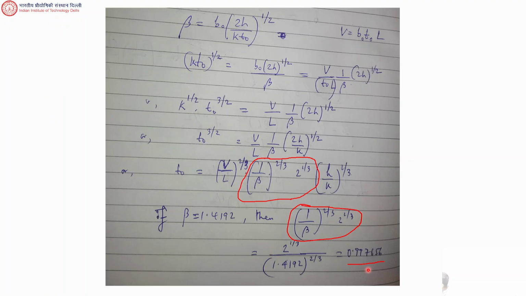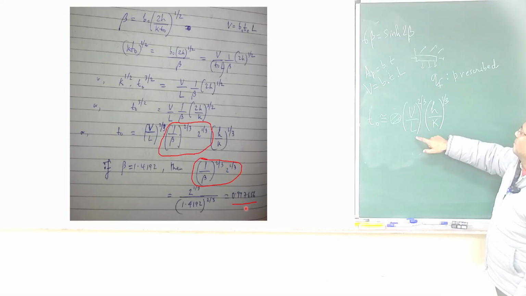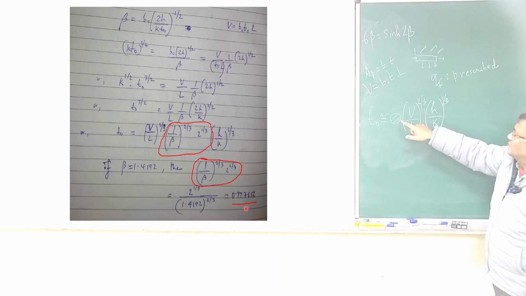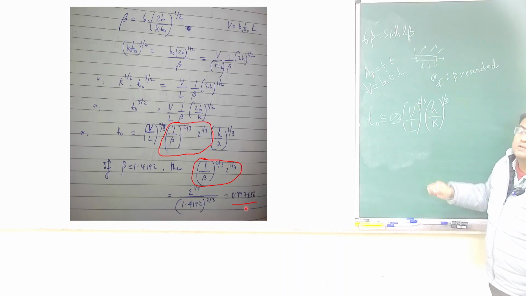The h in that problem you calculate using the flat plate correlation. The thermal conductivity of aluminium is known, and V is the volume, which will come from the 1.2 gram mass divided by density, and L is already there. Whatever L you choose, that will give you the value of T naught.